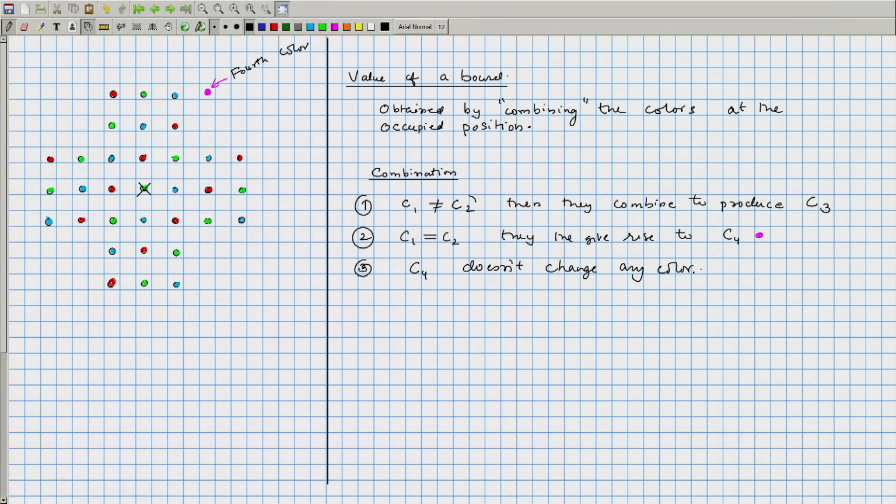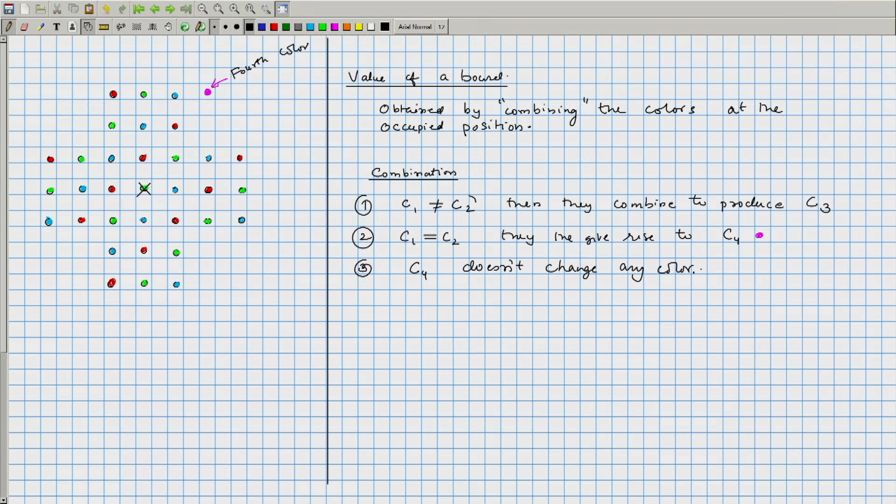There are 3 colors on the board, but when you determine the value, we had introduced a fourth color. Two colors combine and give rise to the color which is not present if these 2 colors are red, green and blue. The fourth color, whenever used, will not change the color of anything that it combines with. So, now we have defined formally what is the value of a board.